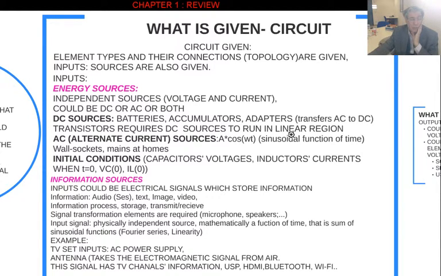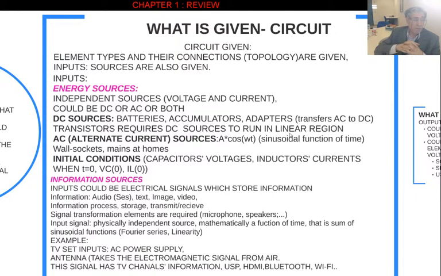The transistor is the fundamental element of electronics, so all electronic devices have got transistors in them. Since we are dealing with linear circuits, in order to run these transistors in their linear region, we need these DC sources. DC sources are a group of sources which are very important.